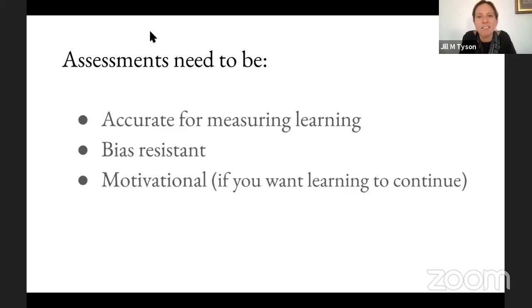And then thirdly, our assessments need to be motivational. Yeah, motivational. And I don't mean like, I'm so scared that I'm going to study so I can make 100%. I don't mean that kind of motivation.